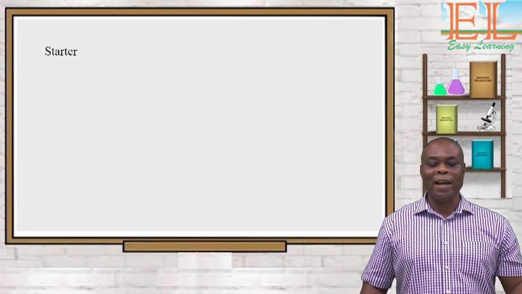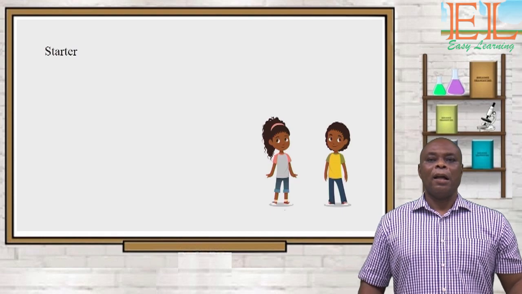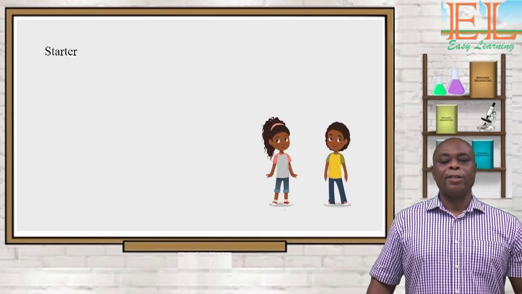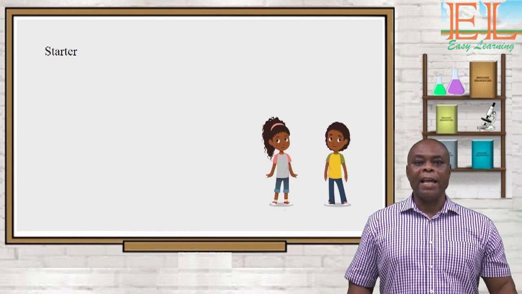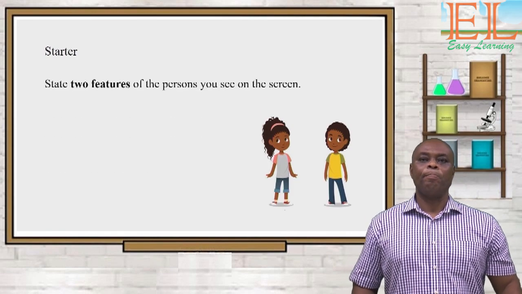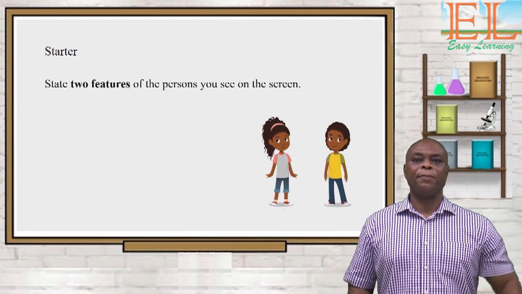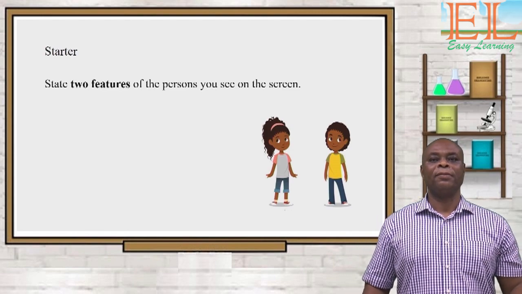Now, for a starter, let's look at the two persons on your screen. Let's observe them carefully and state two features of them. You have just 5 seconds to do that.